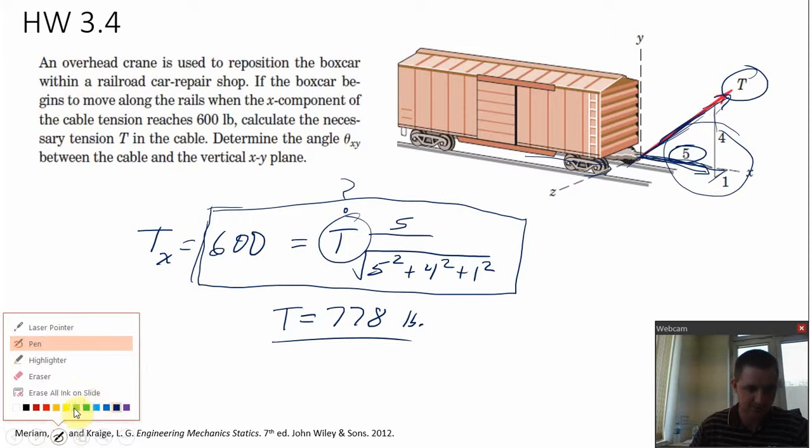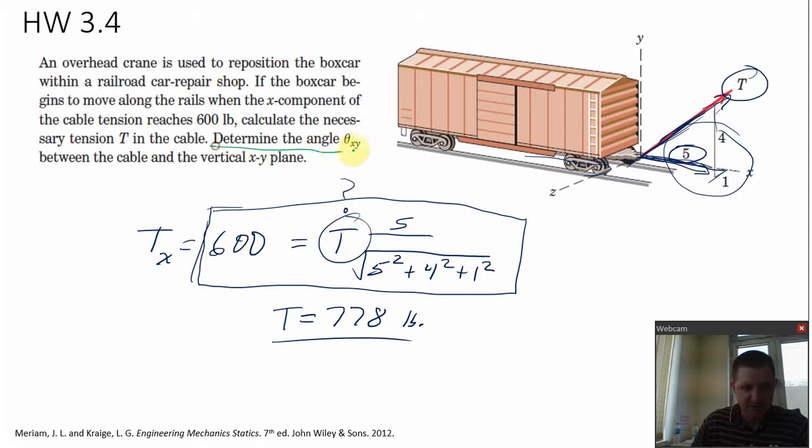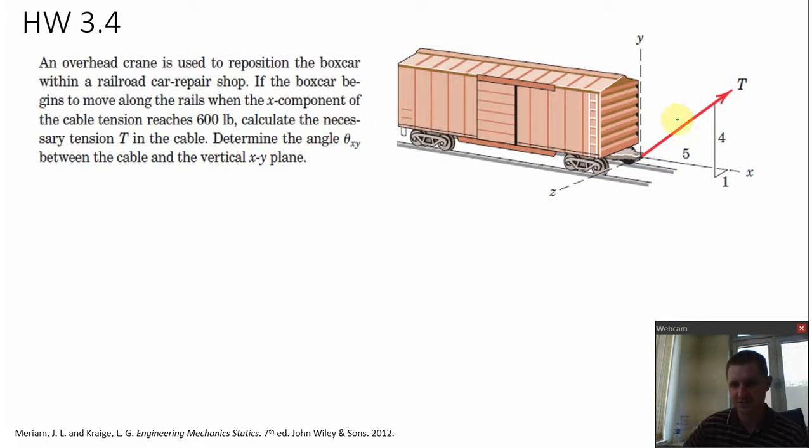The second part asks us to determine the angle theta xy between the cable and the vertical xy plane. Okay, well, you've seen problems similar to this. Problems that we've solved similar to this ask us to find the angle between T and maybe the positive y-axis, theta y, and you've solved those problems by using the direction cosines.